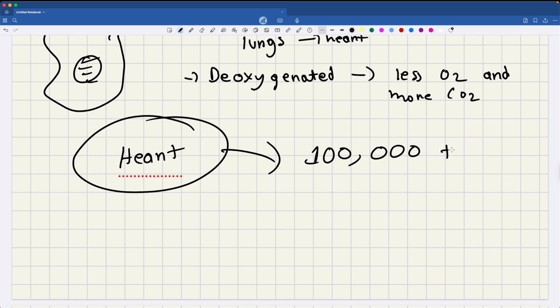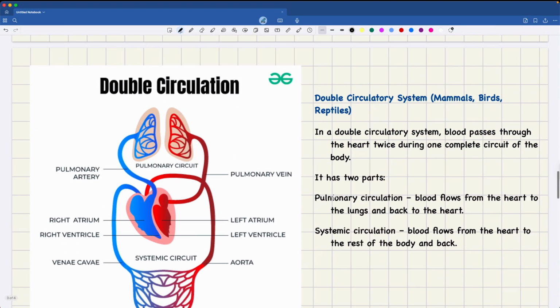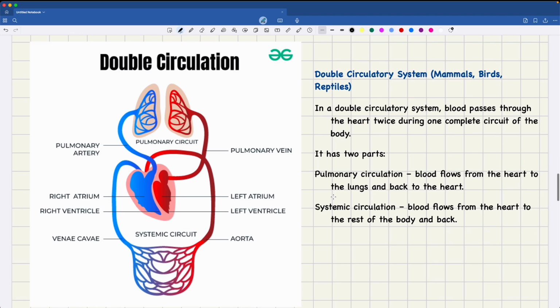Can you imagine that? This is amazing. And over a year, it beats around 35 million times. That is why your heart is very important.